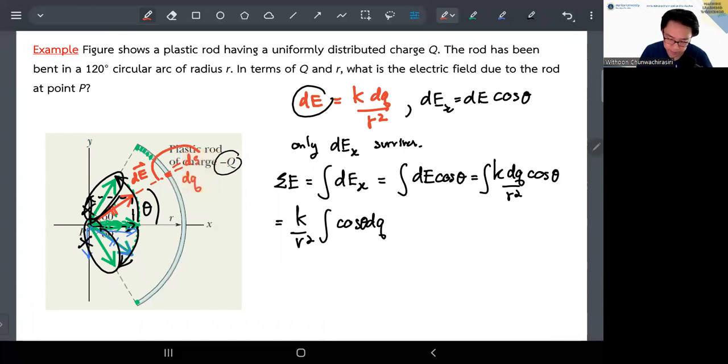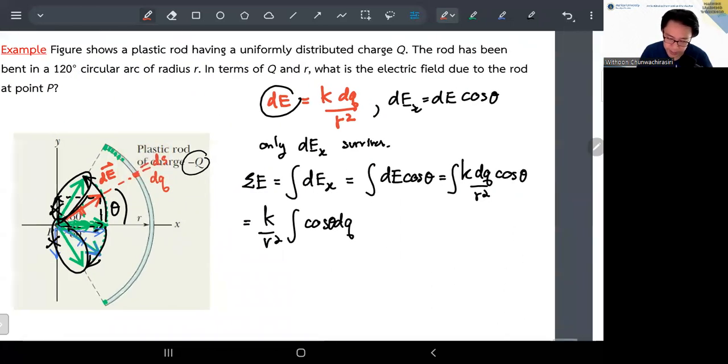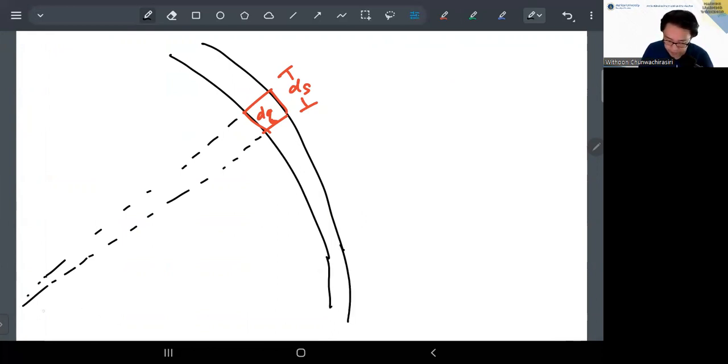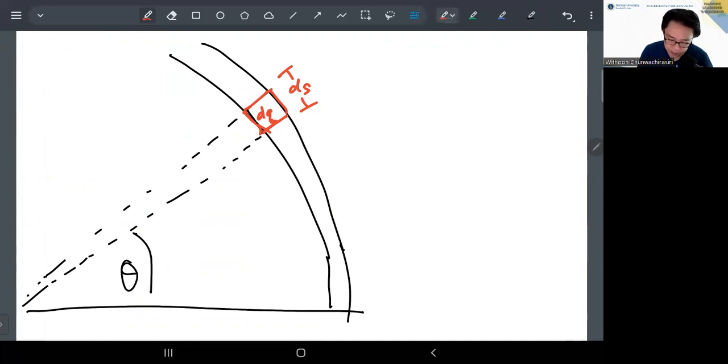Now if you look toward the center of this ring, this is theta. But when you have a little bit of thickness coming from here, it takes up a little bit of change of theta. You call it d theta. Does that help?